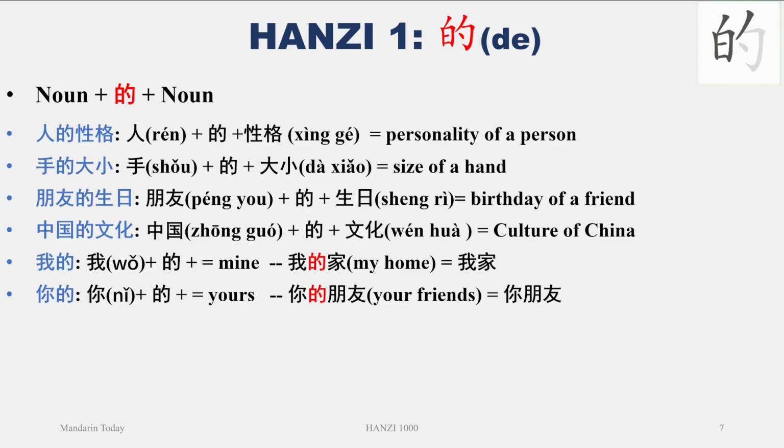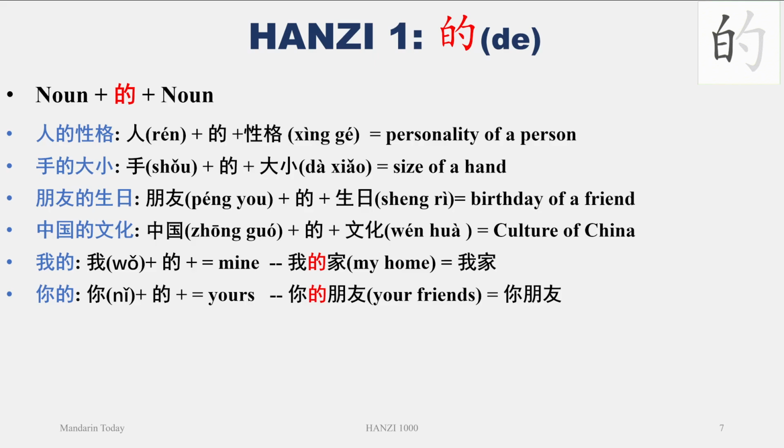Next one, 手的大小, the size of a hand. Next one, 朋友的生日, birthday of a friend. Next one, 中国的文化, the culture of China. Next one, 我的, mine. Next one, 你的, yours.